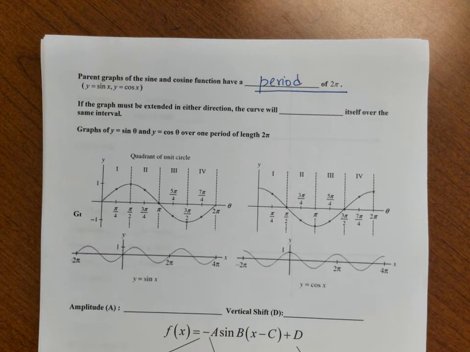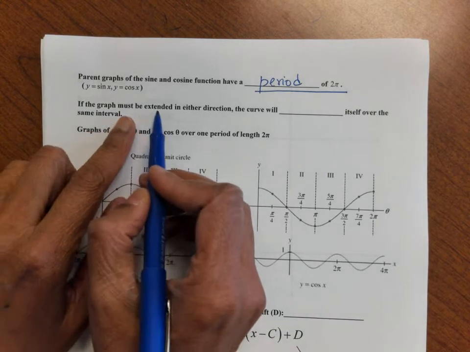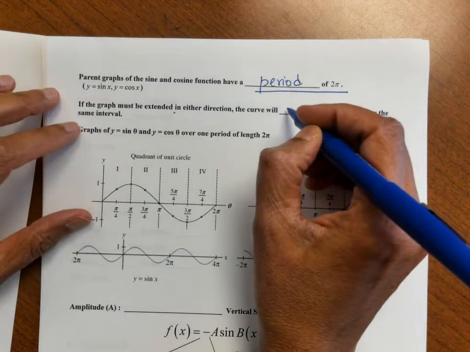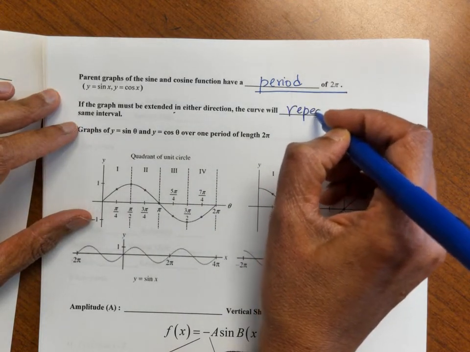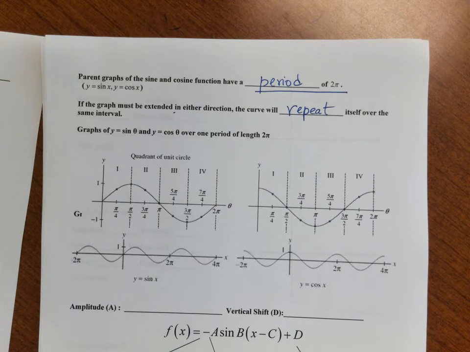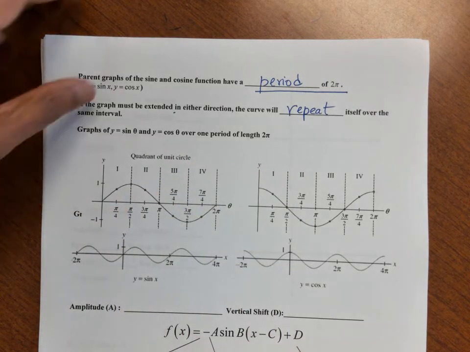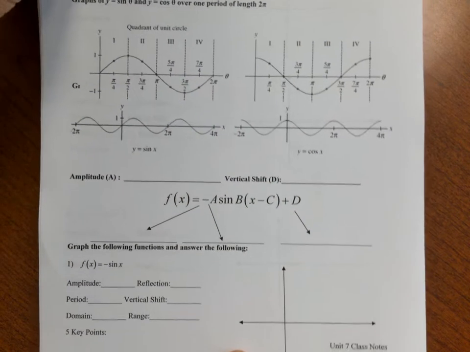It's the entire unit circle. If the graph must be extended in either direction, the curve will repeat itself, which is what I said. It'll keep going. We're starting only one wave, but that wave is going to keep going. Alright? Okay, so like I said, I'm skipping this part.